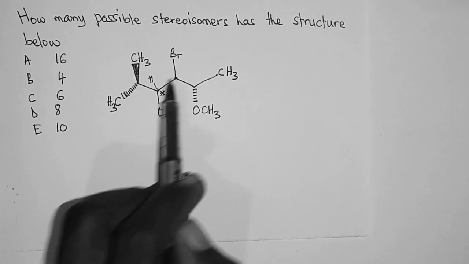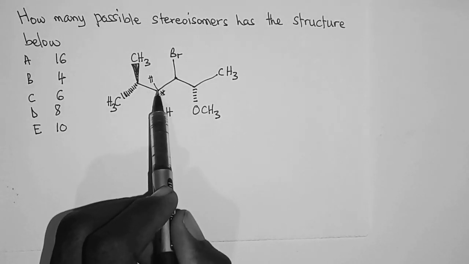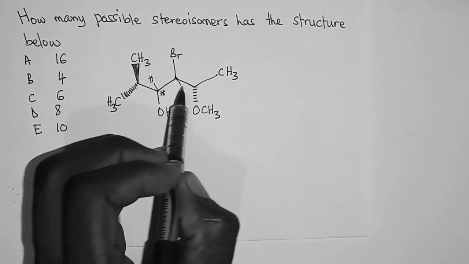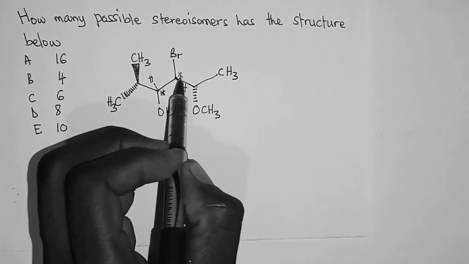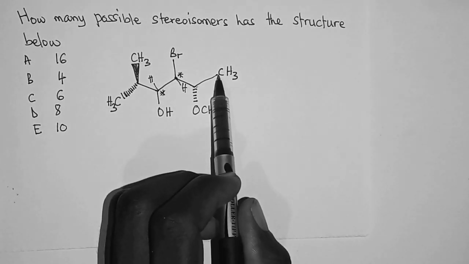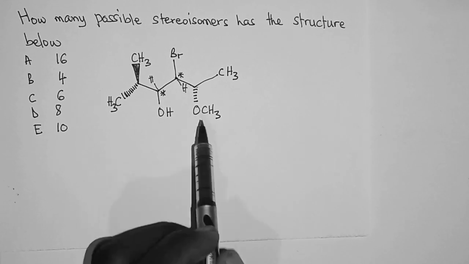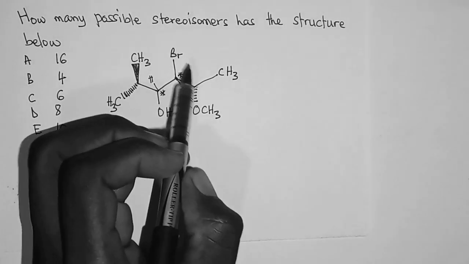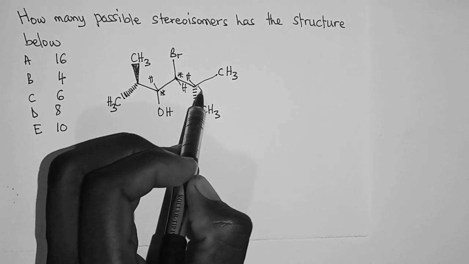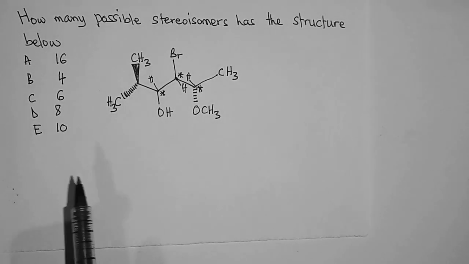If you take this carbon, it is different from this carbon, which is different from this bromine, and then there's a proton here, so this is also a stereogenic center. If you take this carbon, it is different from this carbon, which is also different from this oxygen. There is also a proton here, so that means this place too is a stereogenic center.